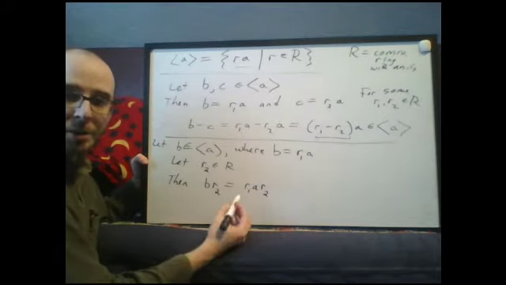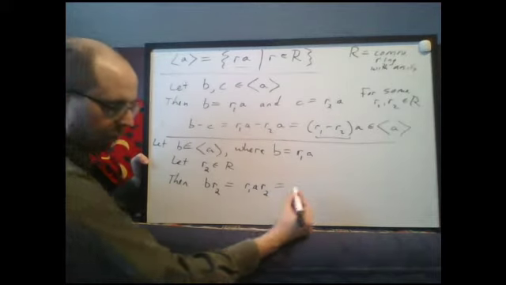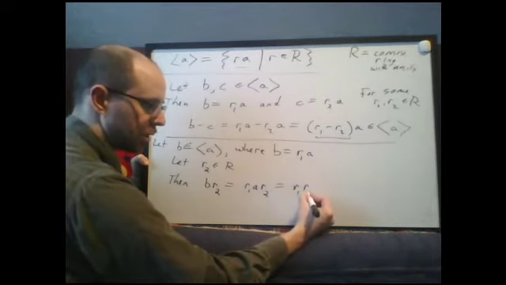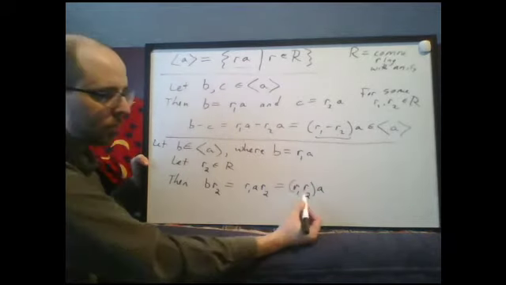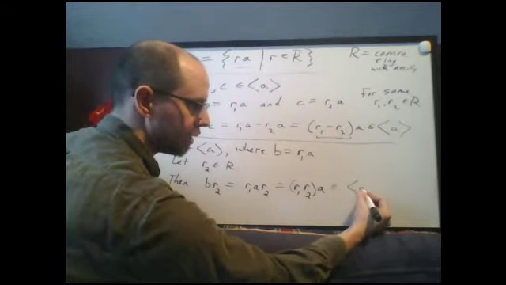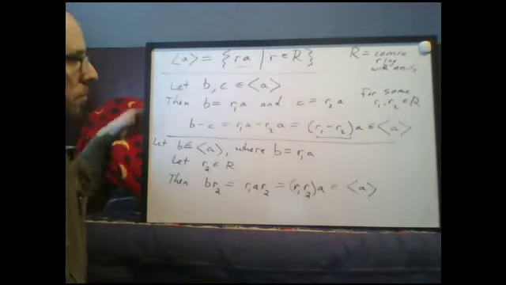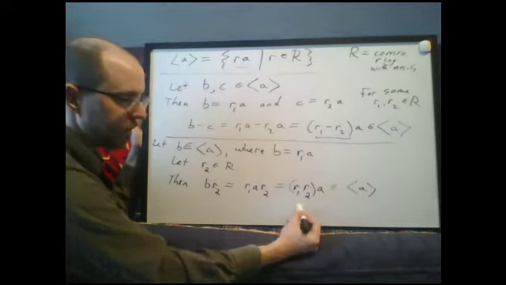It's commutative, so multiplication can be rearranged however I want. So I can put these R's together like this. Now it's something times A. So that's an element of the set generated by A. It's some element of R times A.